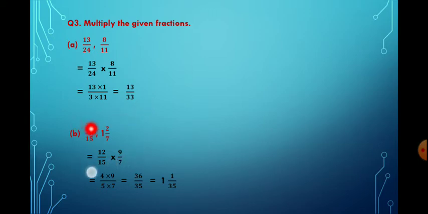Number B, 12/15 multiplied by 1 2/7. So first let us write it as 12/15 multiplied by, converting this mixed fraction into improper, 7 1s are 7 plus 2 is 9/7. So here we can cancel 3 3s are 9 and 3 5s are 15.